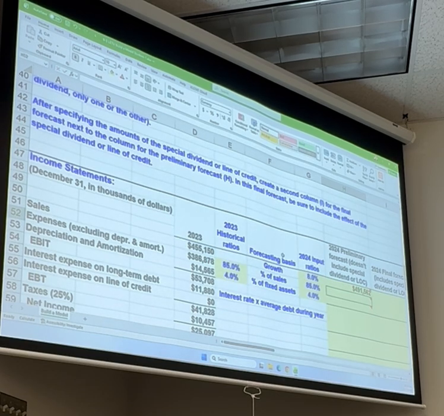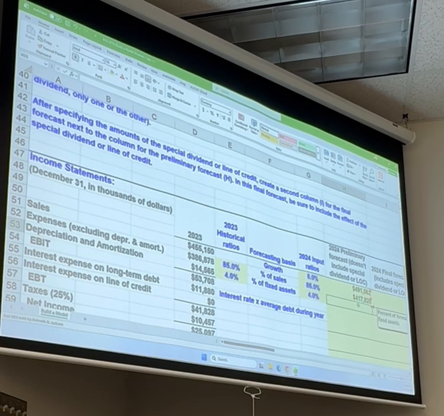Okay, and our expenses are going to be a percentage of the sales, so it's going to equal 85% times the forecasted sales.